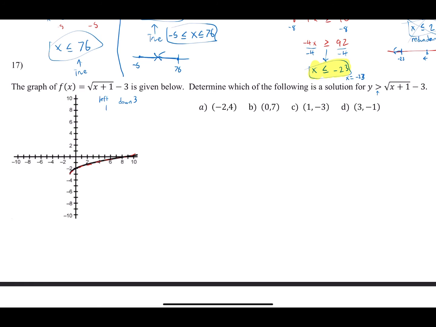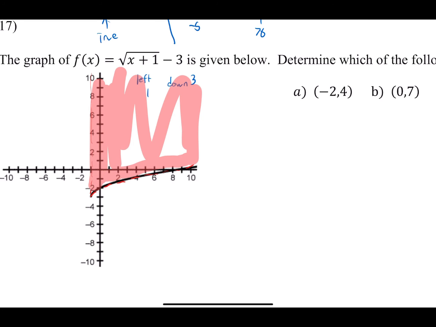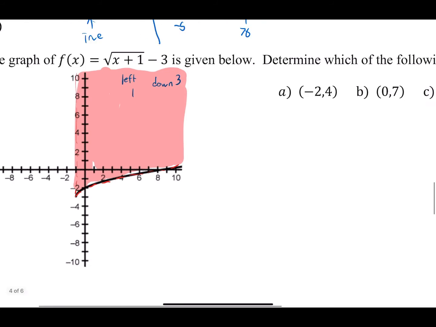So we need to make sure what is bigger, greater than, in other words, above, all these values above. And not on the line, because if it was on the line, we would be equal to.